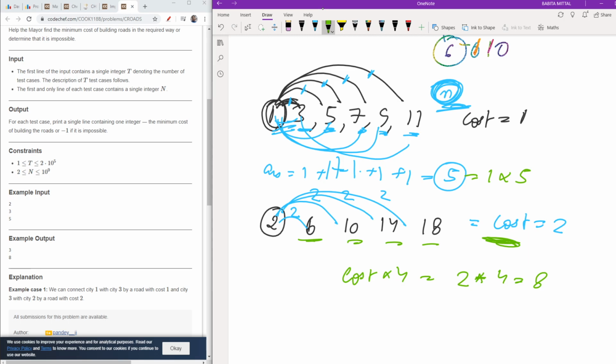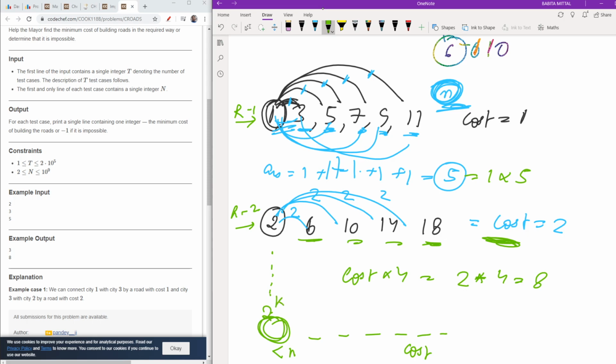Now you can clearly see that I need to first of all find out how many numbers there are in each range. Suppose it is range 1, range 2, and it will move on up to something which is less than n. So I will obtain the cost.